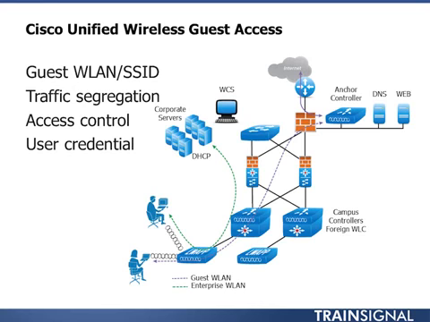Therefore, you want to make sure that the DNS server can be reached from the anchor controller. And so putting it in this kind of topology that you see on this diagram, putting your anchor controller and your DNS and your web portal on the same side of the firewall in a demilitarized zone is a good way of configuring your guest network access.